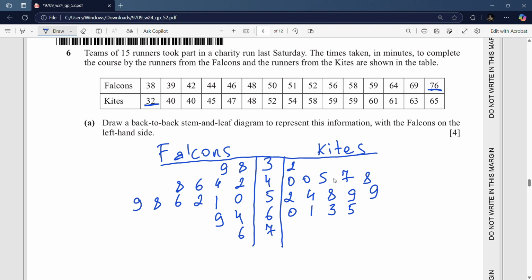Okay, we are done with our stem and leaf diagram, and here we can make a comment.